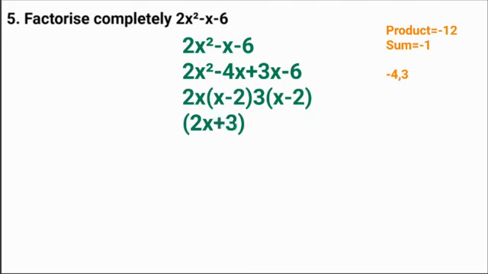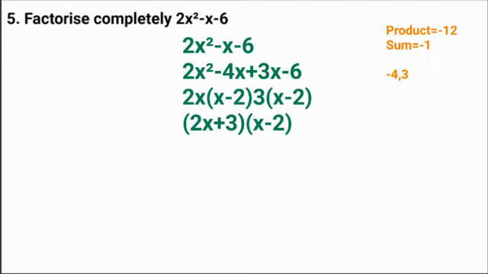Then we are going to pick one of these expressions in brackets. As you can see, they are just the same. So we're going to pick one of those. We can write that now.